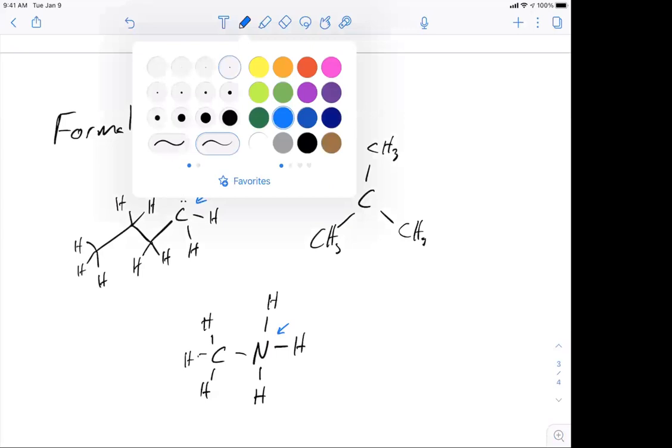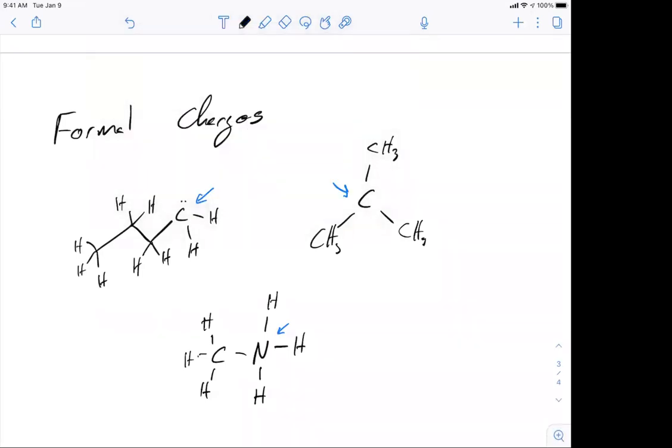So for formal charges, what we need to know is how many electrons we have around it. So when it's a bonding pair, we're going to say that it has 2 less, right? So we'll start with our 4 because carbon has 4 electrons.